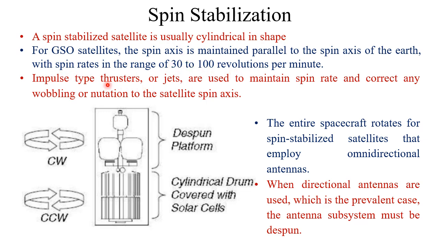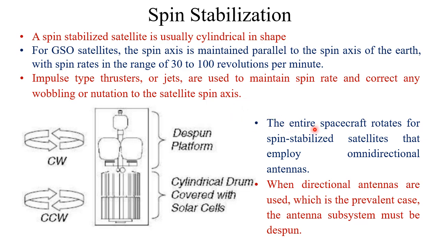Impulse type thrusters or jets are used to maintain the spin rate and correct any wobbling or nutation of the satellite spin axis. There may be some change in the spin axis, some change in orientation or change in angular speed, something like that.